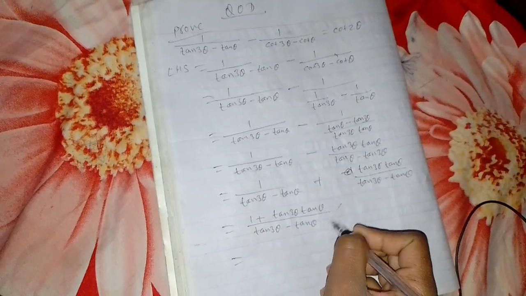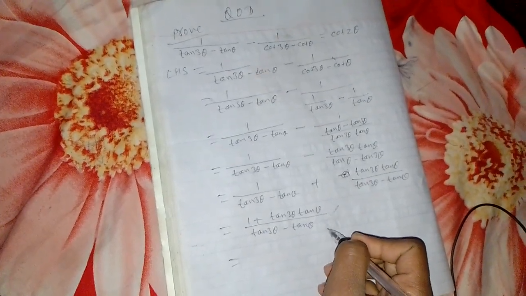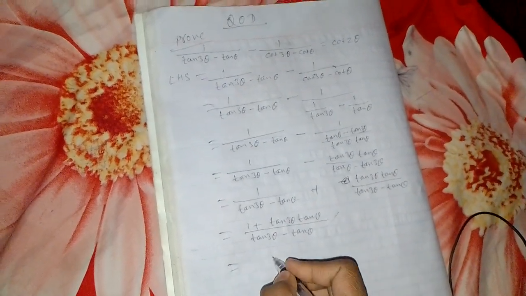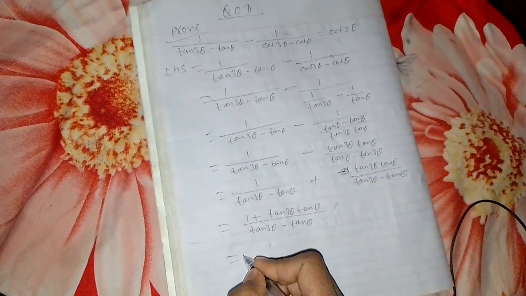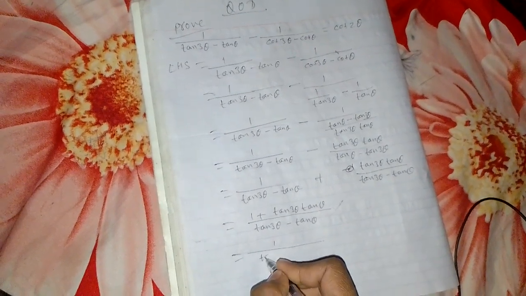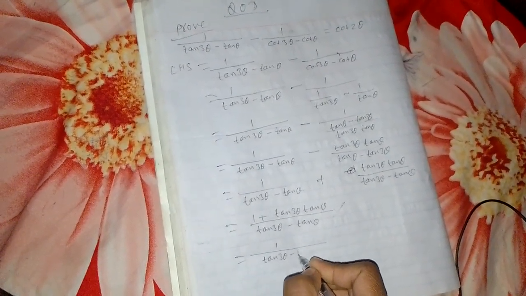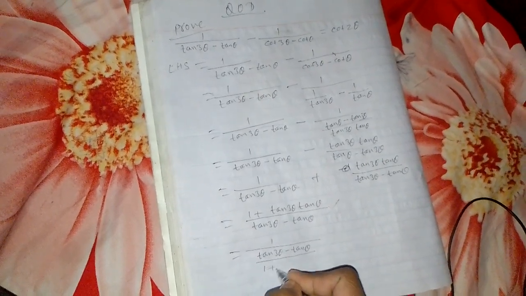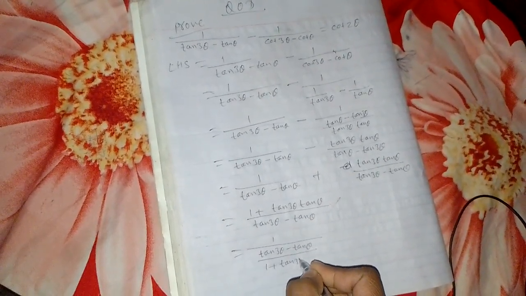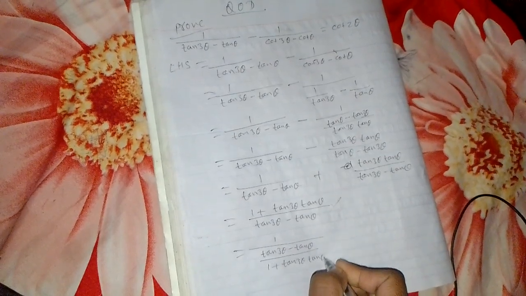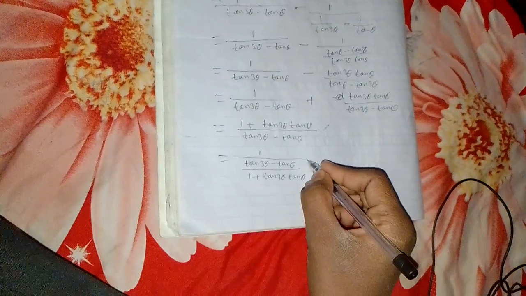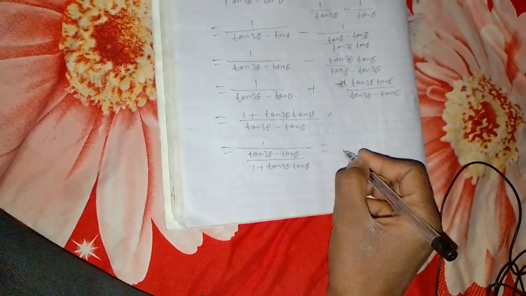The numerator is the denominator and the denominator is the numerator, compared to the formula form. So you're going to write this as 1 over tan 3 theta minus tan theta divided by 1 plus tan 3 theta times tan theta. Is this visible? Yes. It will be this.